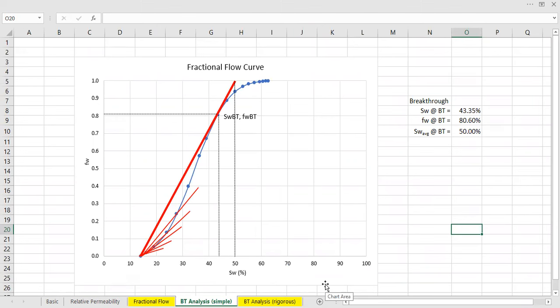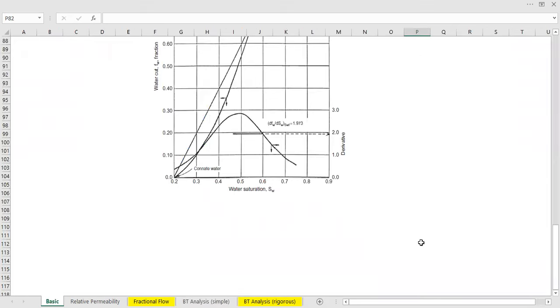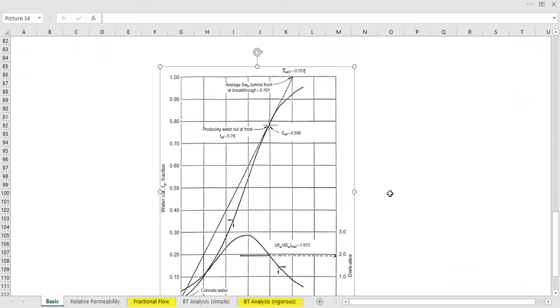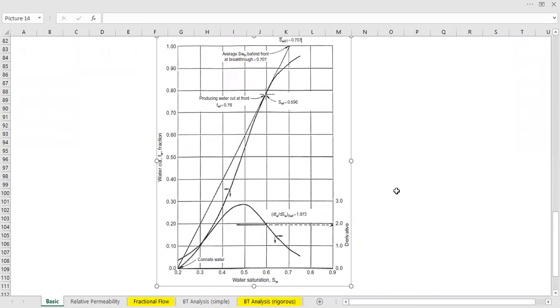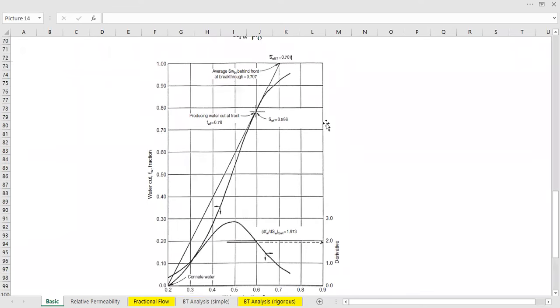Okay, and you can also refer to Tarek Ahmed's book, the Reservoir Engineering Handbook, on the topic of frontal advance and fractional flow. You can see a plot like this.